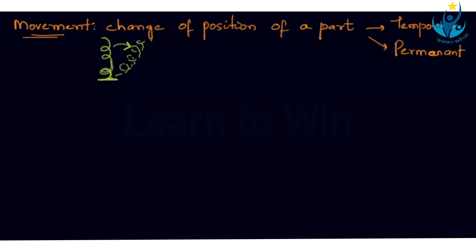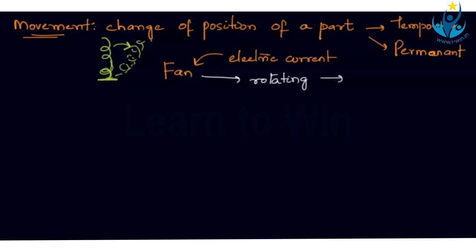Now, this movement is seen even in non-living structures, for example, our electric fan. When you give electric current to it, the fan starts moving, it starts rotating, in the same place. When you stop the electric current, it will stop the movement.